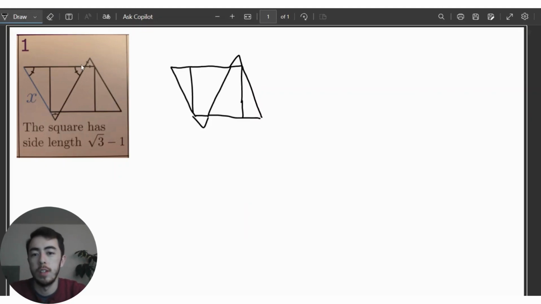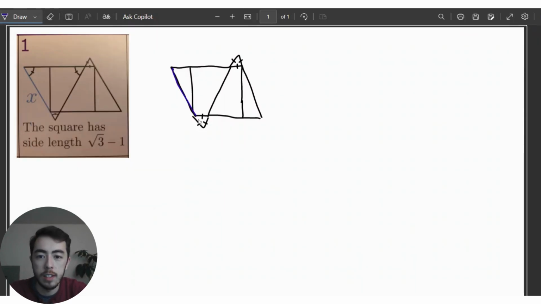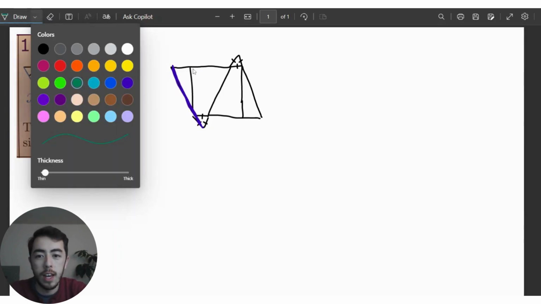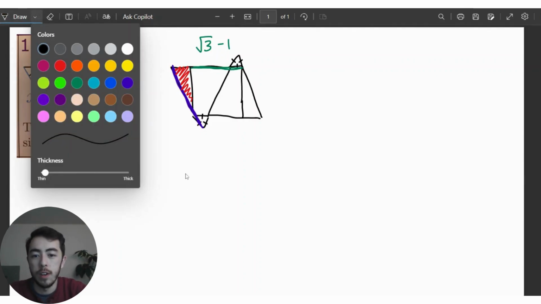So let's first try solving it as intended, or probably as intended, where these two triangles are the same, or congruent. So I need to solve for this x, this long diagonal part of my bigger equilateral triangle, and I have to use the information that this right here is root 3 minus 1. I have a special right triangle right here. This one is a 30, 60, 90 triangle.